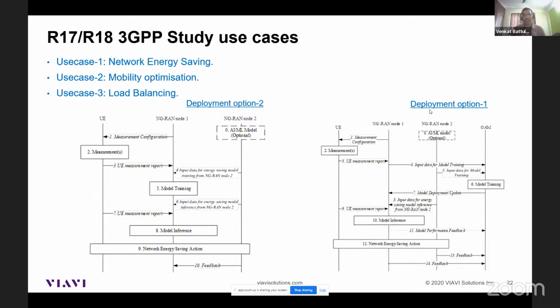You can see they are trying to work out where these training models are going to be deployed. Which part is it, RAN or OAM, the maintenance network. There's quite a bit of study that will happen in the next couple of quarters.